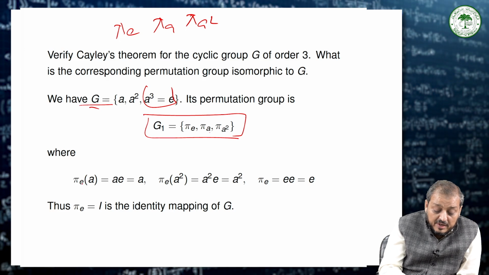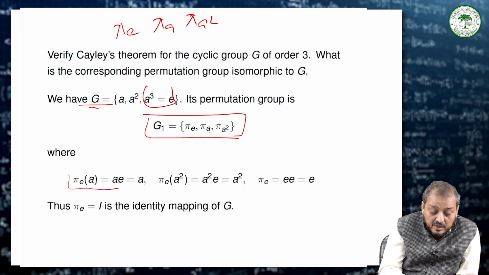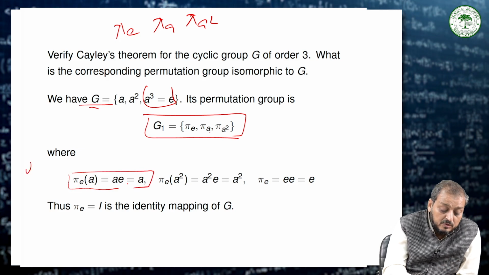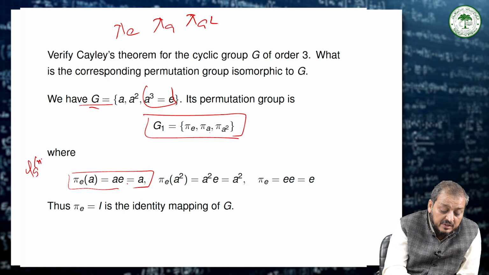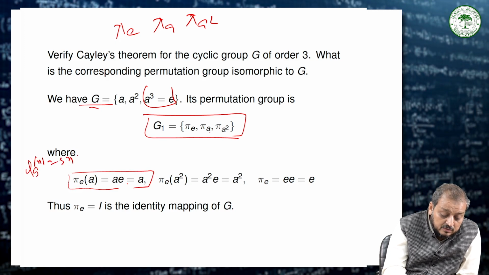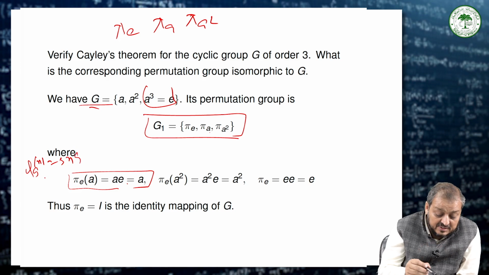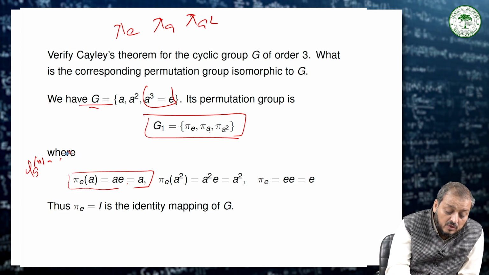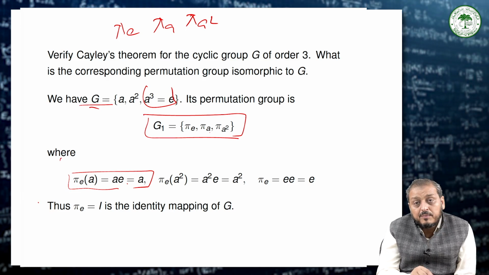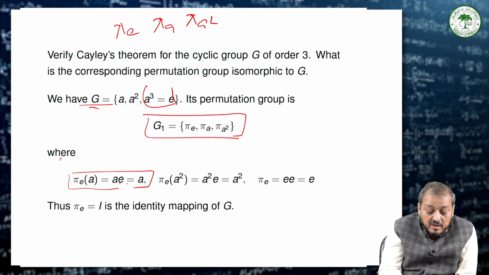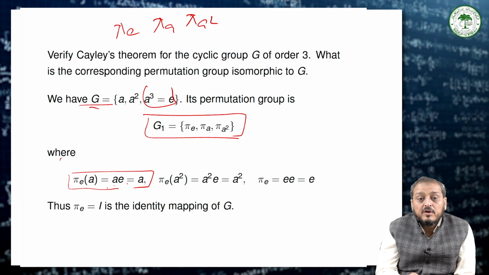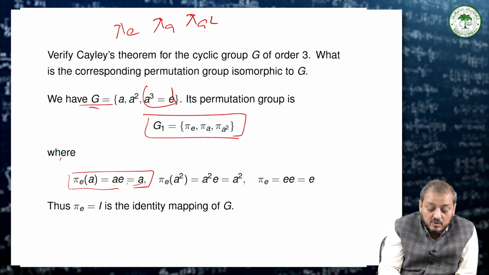Now pi of E at A is nothing but A times E, by the map we have to define, phi of G of X is equal to G of X. So we can write phi of E at A, and then EAE is nothing but A, and E and A are elements of this group G. So this is equal to identity.